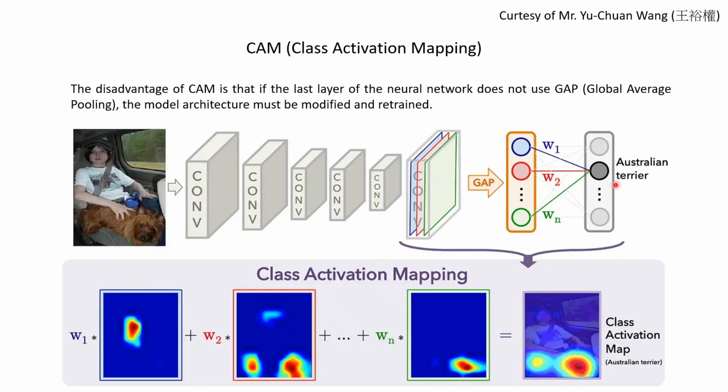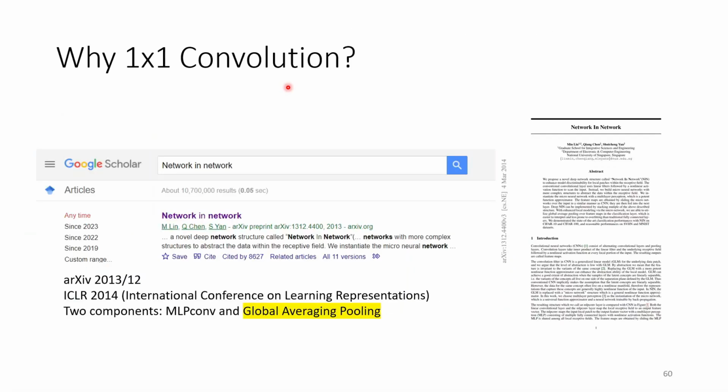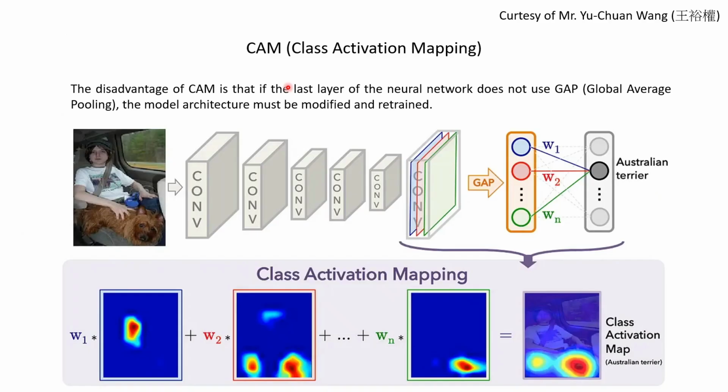The slide was used by your classmate last week, and the first method to generate the heat map is called CAM, Class Activation Mapping, and the idea is simple.